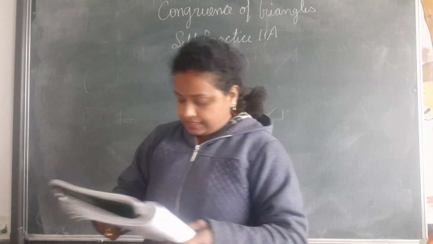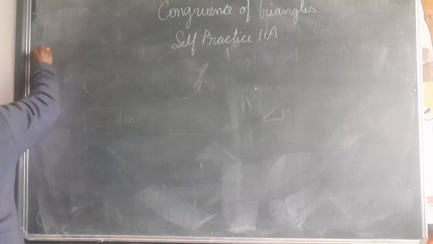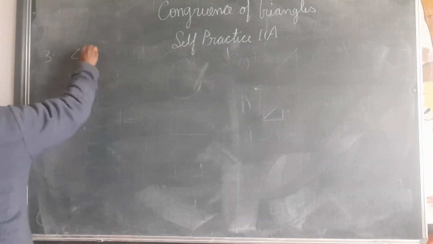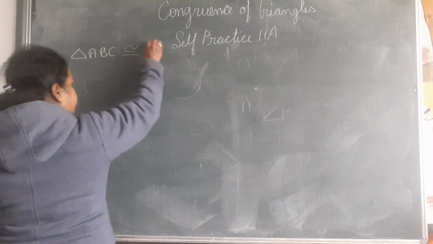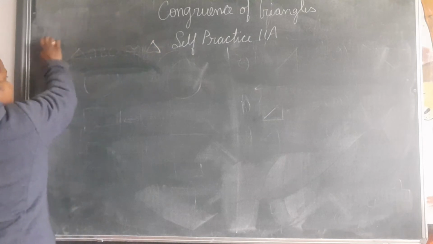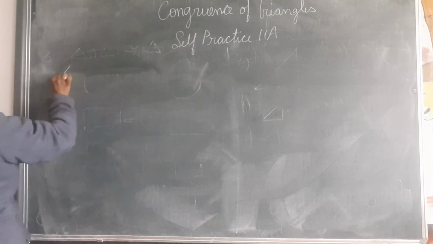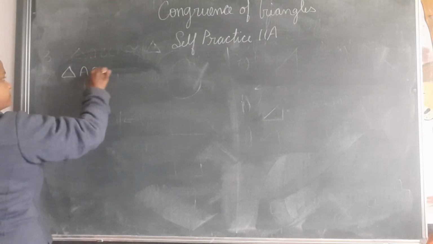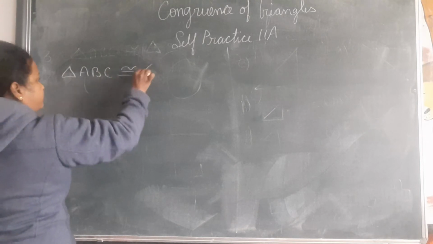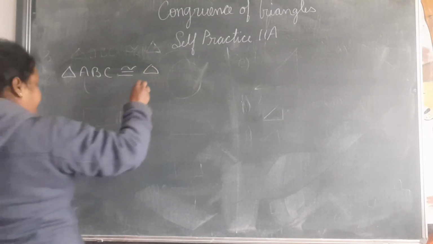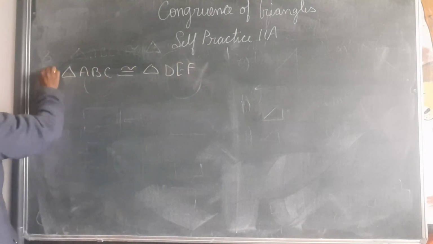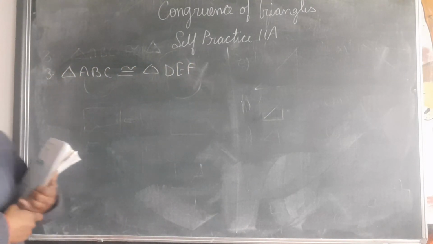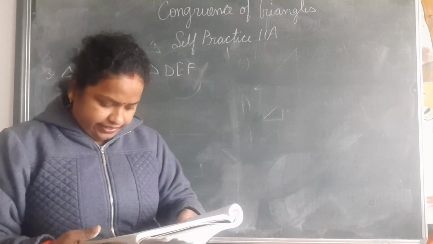So you can say that triangle ABC is congruent to triangle DEF.